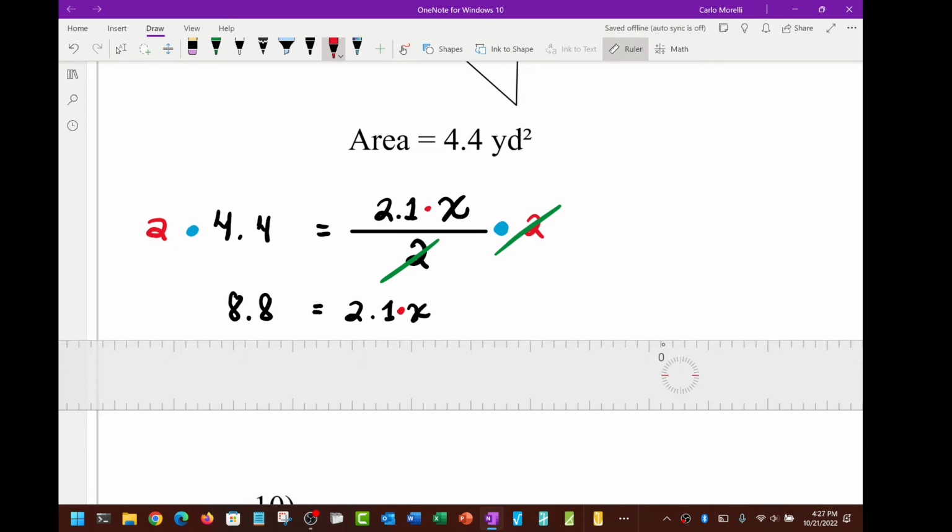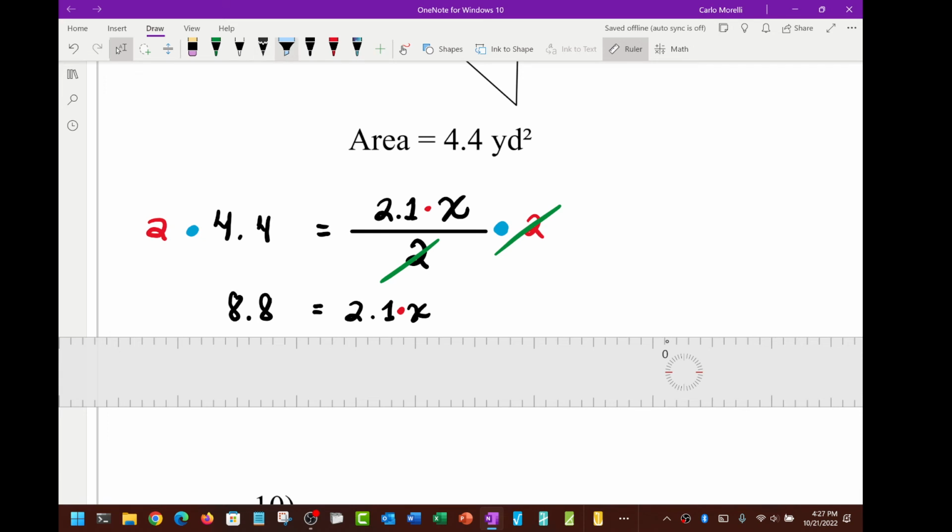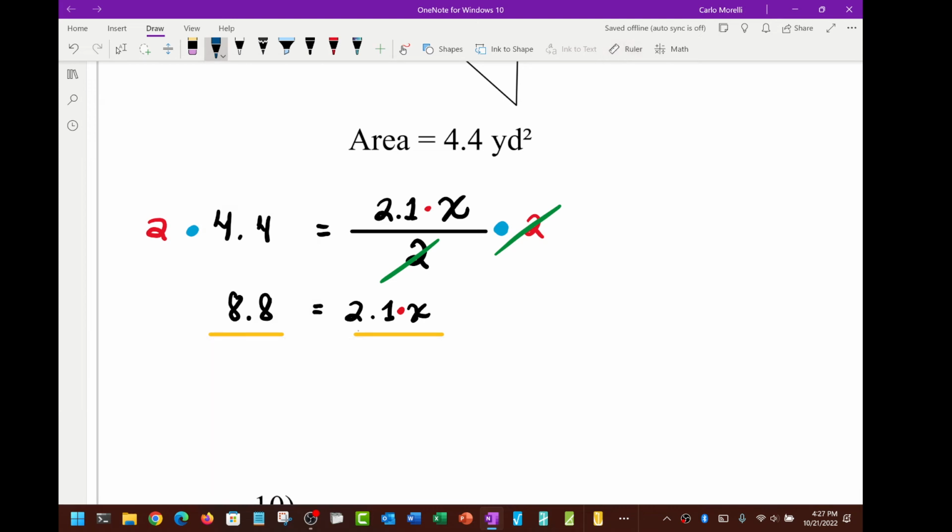So we're still going to divide both sides by 2.1. And we get to cancel.